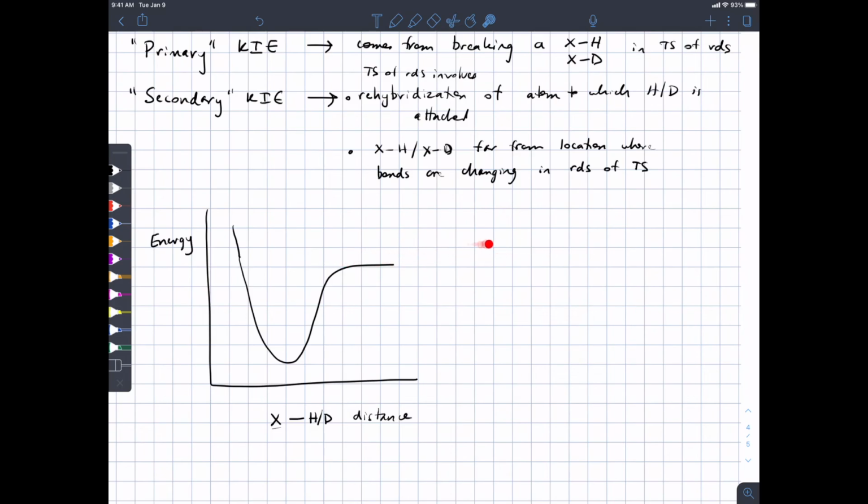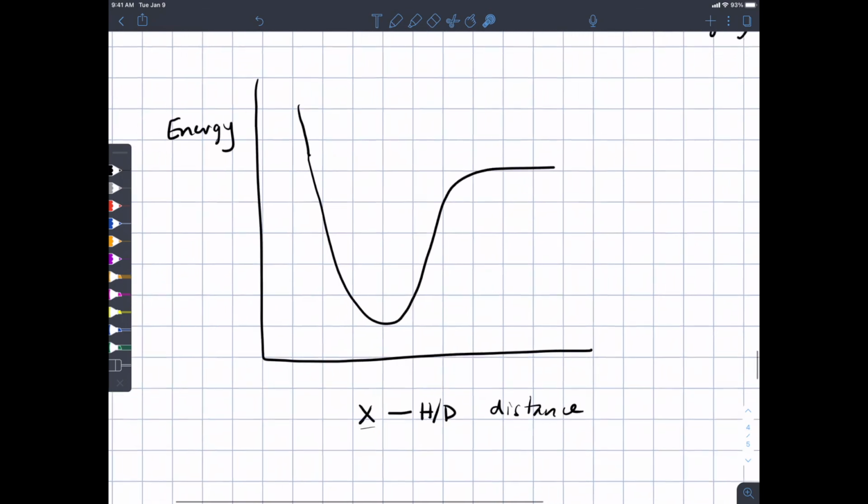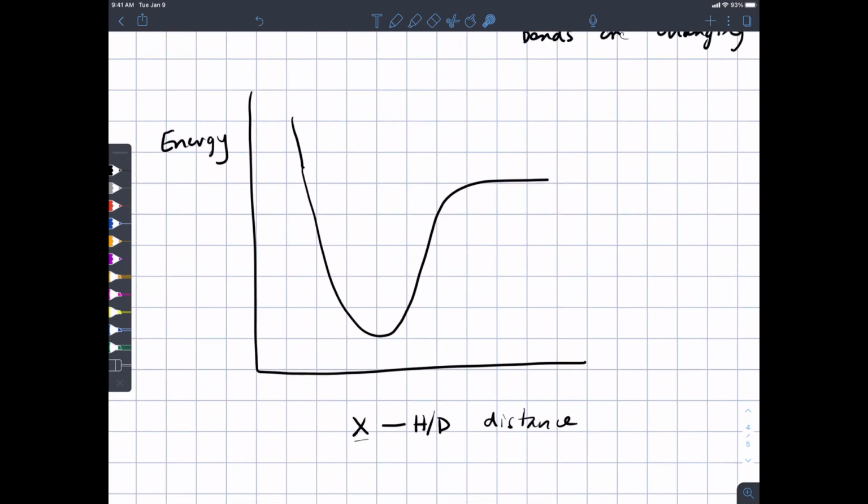At sort of infinite distance, the energy is 0. As they get closer, the bond starts to form. There's some minimum in energy, and then as we go too close, we start to get repulsion that overwhelms the attraction between the electrons and the nuclei.